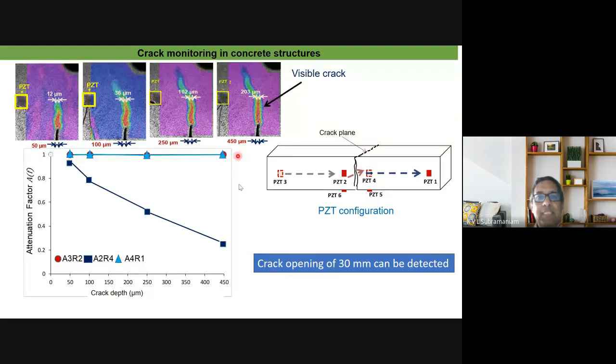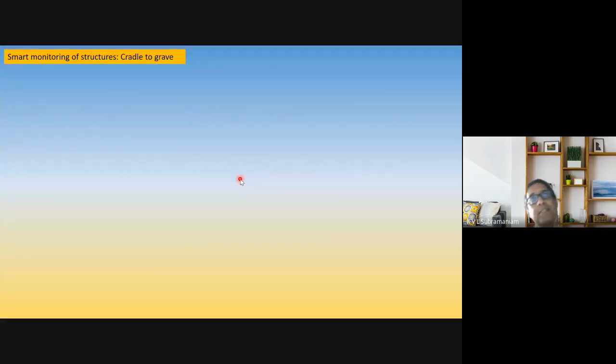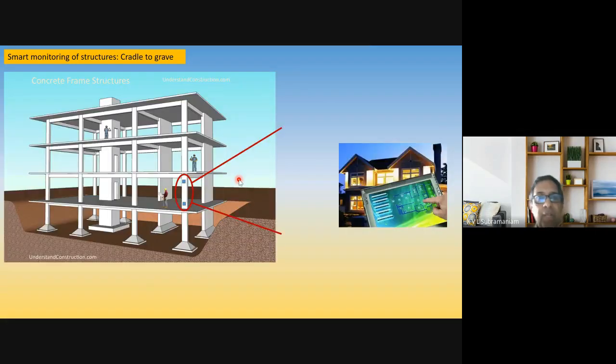So using these PZTs, I have a methodology for a cradle-to-grave measurement or monitoring system for concrete structures. The idea is quite straightforward: we put these sensors into concrete at the time of casting, when the concrete is being poured. They then give me local information about the concrete, because as concrete ages, I can look at the impedance signature and infer the stiffness, the mechanical impedance, of the material medium.